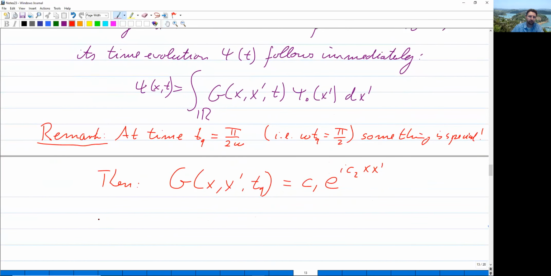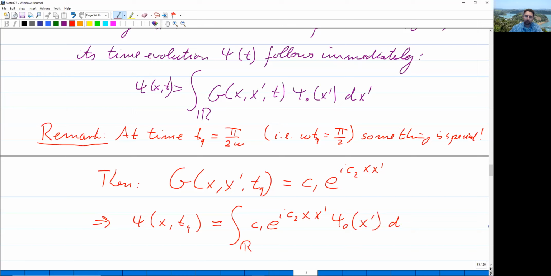So this means that psi of x and t_q, so the wave function after a quarter period of the harmonic oscillator, is equal to the integral over r of c1 e to the power of i c2 x x prime times psi naught, the initial condition wave function of x prime, dx prime. In the lecture notes I'm spelling out what c1 and c2 are, of course it's trivial. And you notice this is a Fourier transform.